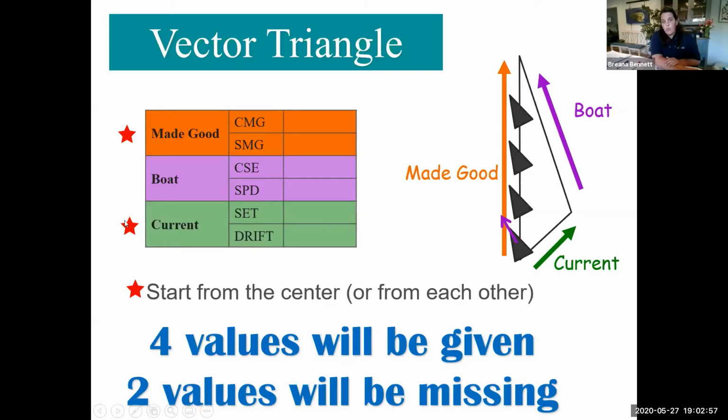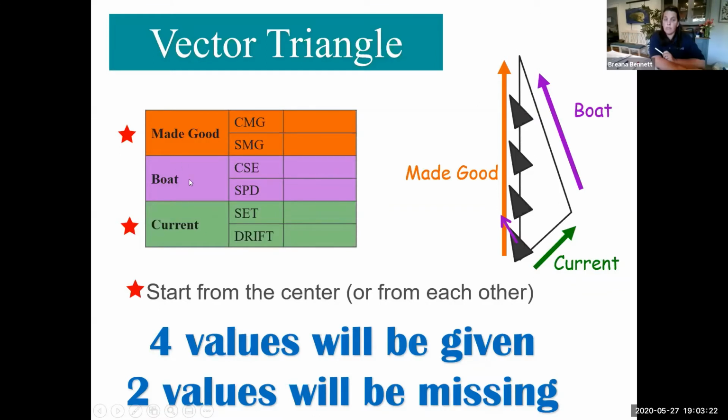When we do assignments with our vector triangle and we're trying to figure out what the current is, I like to make a graph. The graph has 6 spots. You have your course made good and your speed made good, so that's your orange line, your made good line.